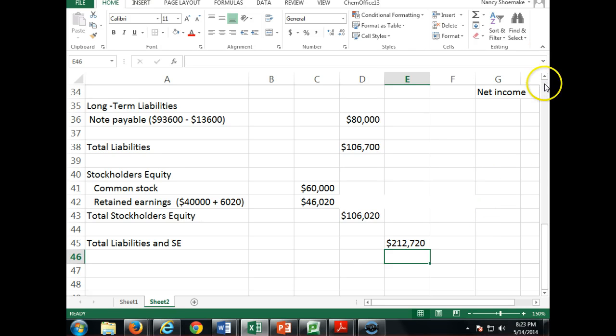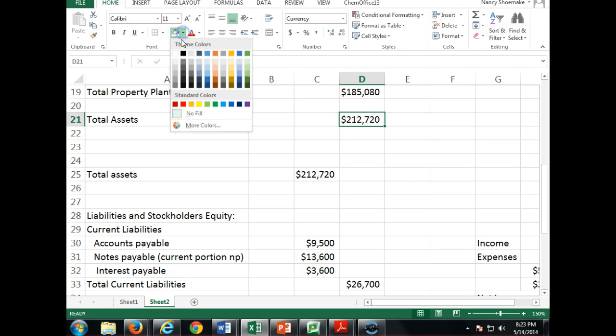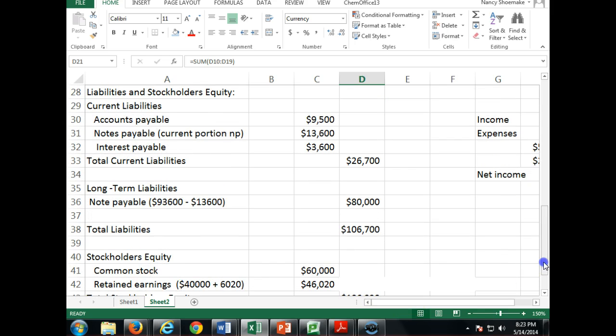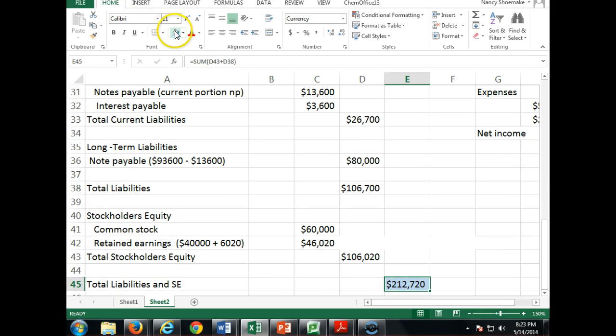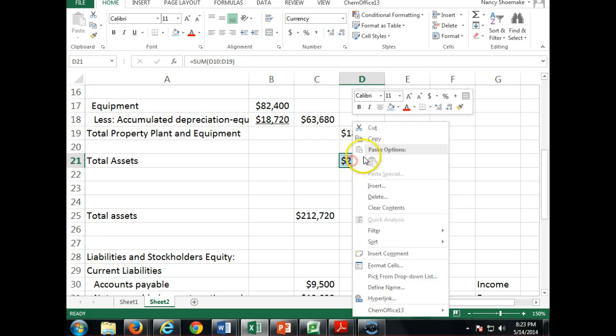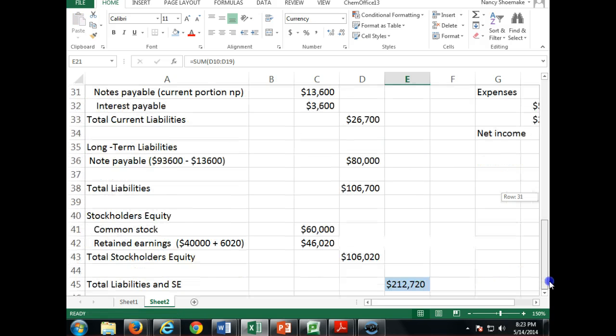And you see how that better balance with our total assets of 212,720? Our assets should always equal our liabilities and our stockholders' equity.